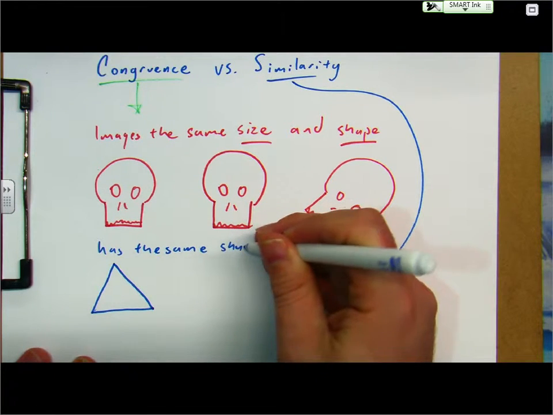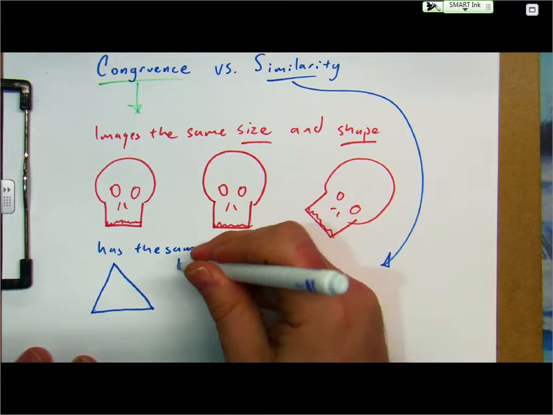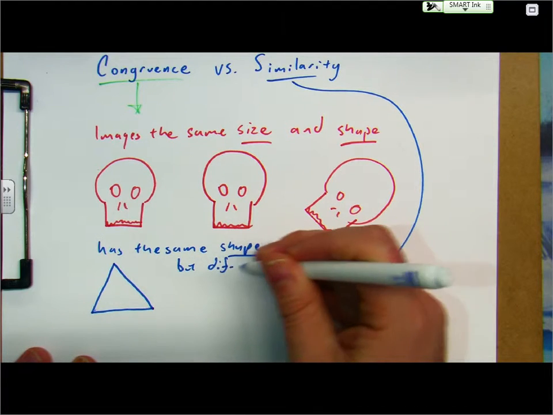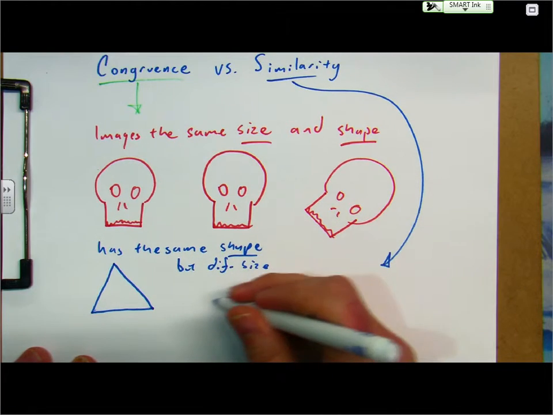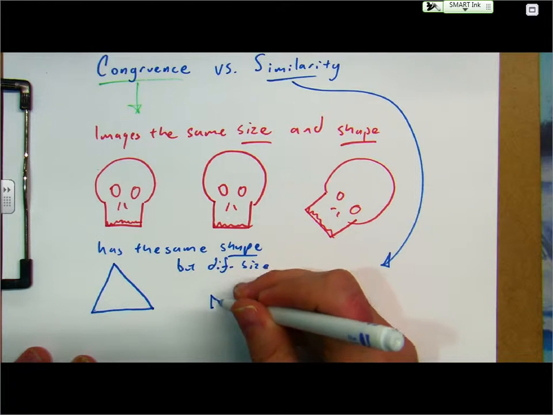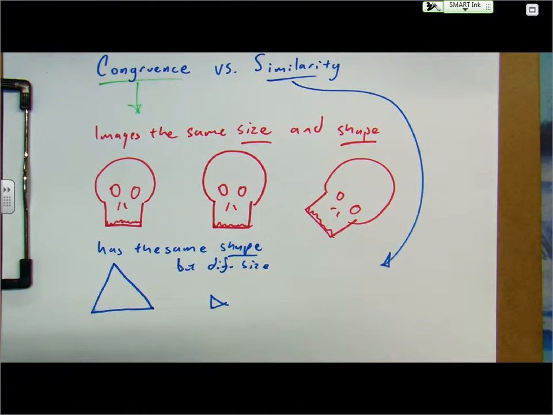But what do you think is going to be different? Yeah, a different size. So if I did this exact same thing, but it was little, something like that. Assuming my angles were right, we would say that these would be similar triangles.